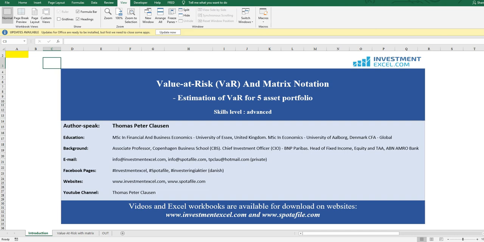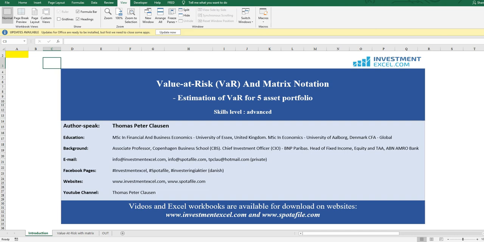Today's session is about the risk measure value at risk, VaR, and how it can be calculated with the use of matrix notation. Particularly, we will look at estimation of VaR for a 5-asset US portfolio.